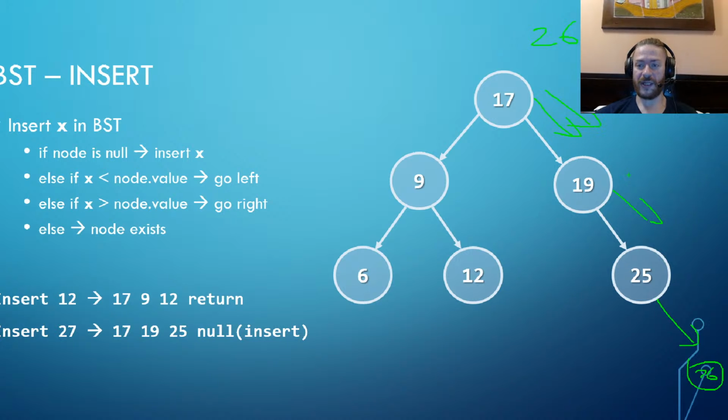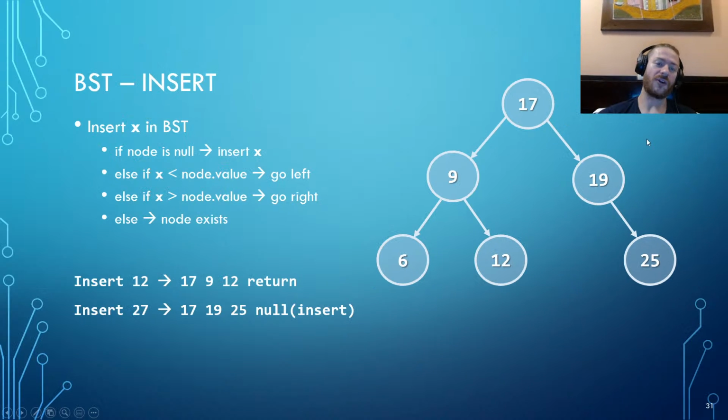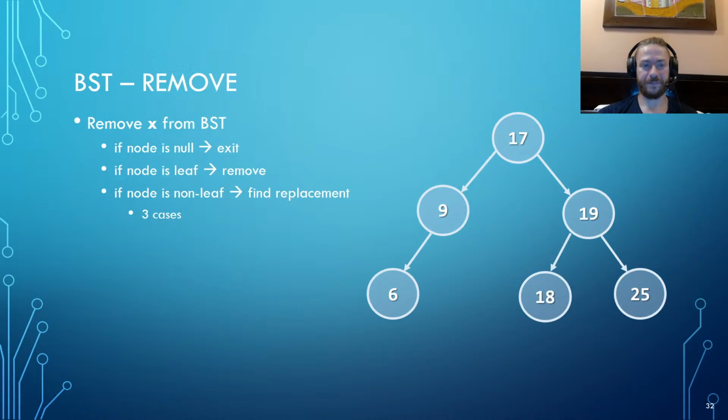Is it bigger? Go right. Is it bigger? Yes, go right. Is it bigger? Yes, go right. Is it bigger? No, store it here, 25.5. So we have a strict order in which we insert values and a strict order in which we search for values. And the searching is super efficient.